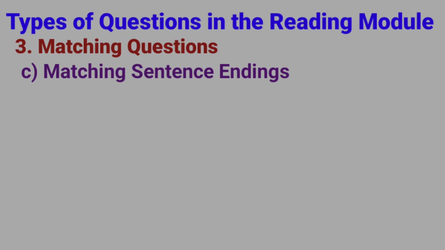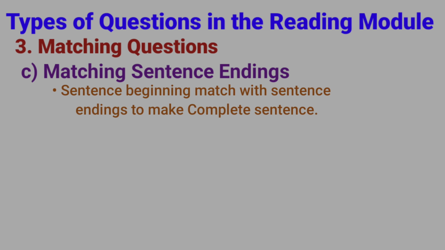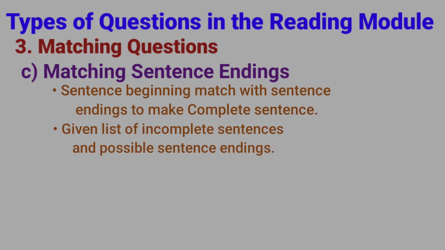Next is matching sentence endings. In this case, sentence beginnings are matched with sentence endings in order to make a complete sentence. Here a list of incomplete sentences and a list of possible sentence endings are given.